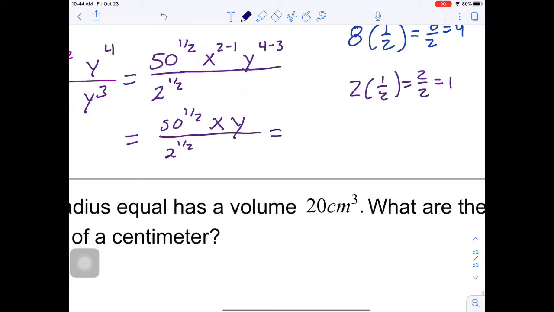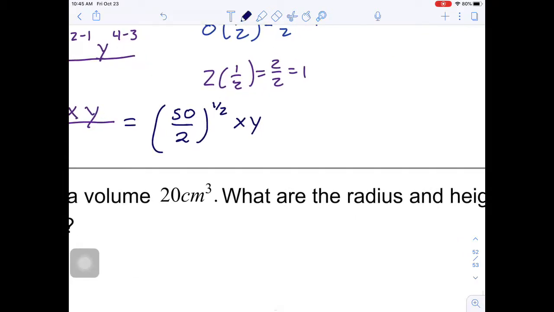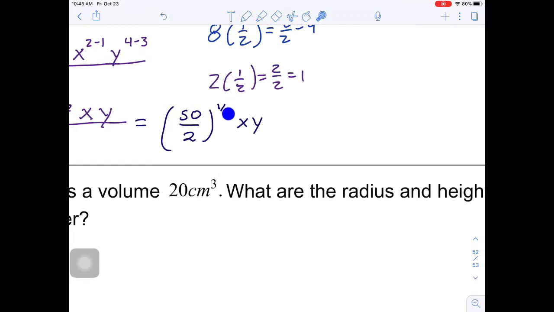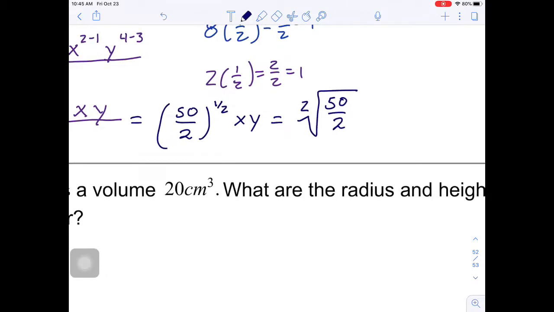So here I can represent this as 50 over 2 to the power of 1 over 2, and then this is multiplying x times y. Now remember, what does a fractional exponent mean? This is the index of my square root. So this is the square root of 50 divided by 2, and then my x and my y are on the outside, x times y.